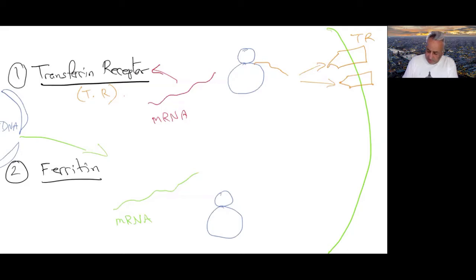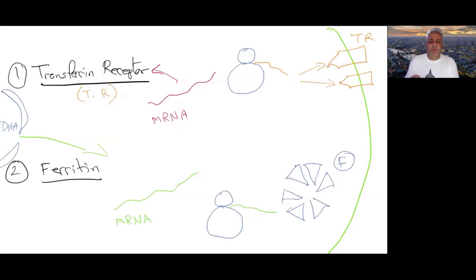When it gets to the ribosome, it's translated into this polypeptide, and that polypeptide then goes on to make the vaults, the ferritin vaults, right? So here we are. These structures are the ferritin vaults. And they come together automatically once they're assembled, right? So that will be your ferritin.